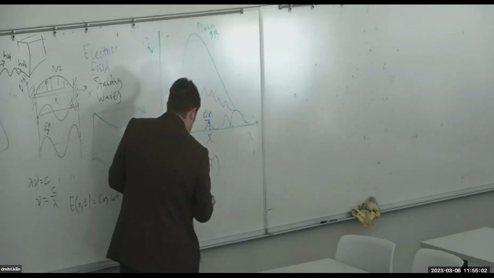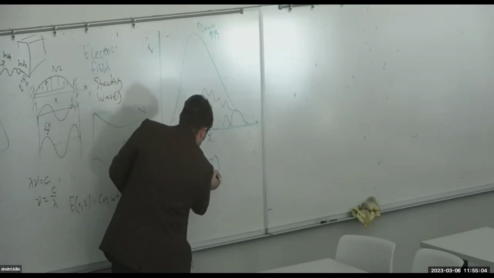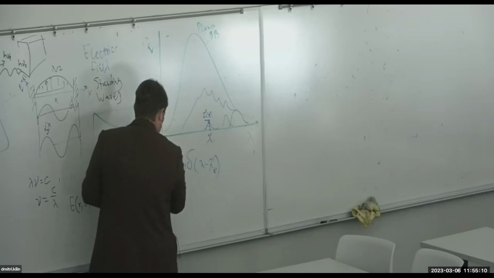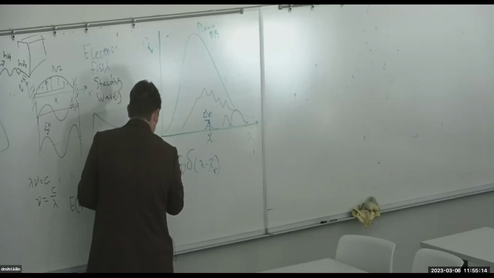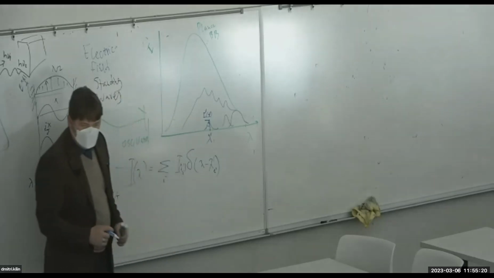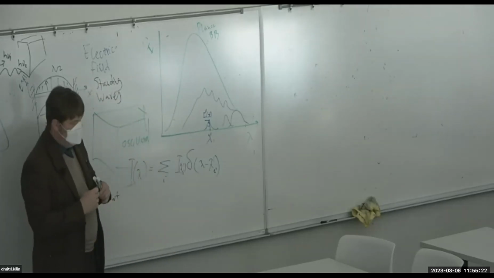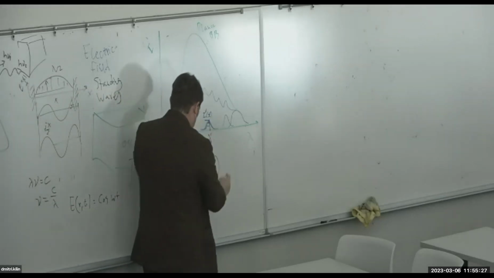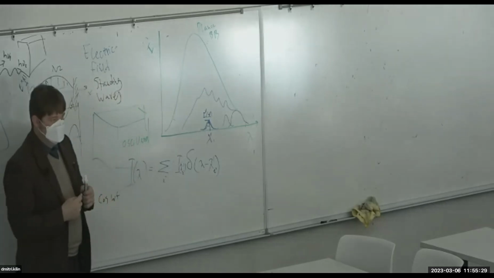If we put an index on each oscillator, the overall emission at all lambda will be the summation of individual contributions of little delta functions, contributed by individual oscillators.